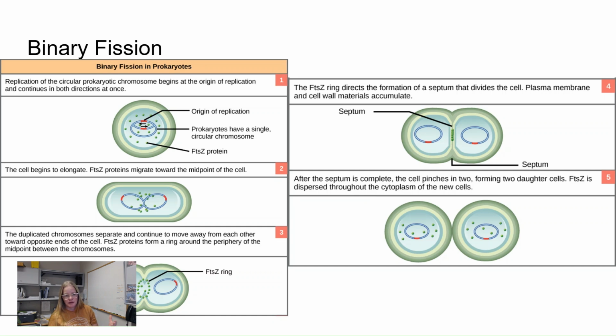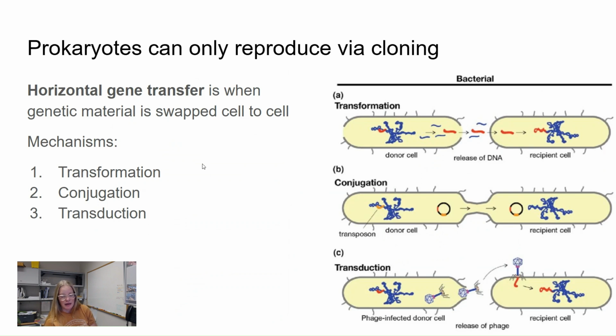And then we're going to see this binary fission, right? The separation of these two cells. Each of the daughter cells is going to have a copy of the chromosomes in there. And then once they're all pinched off, those special proteins are going to go ahead and disperse.